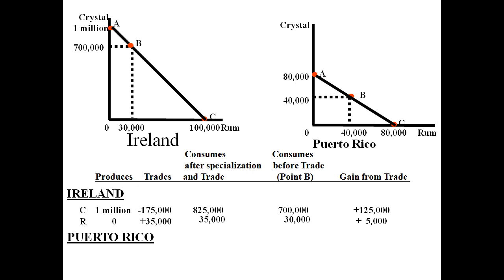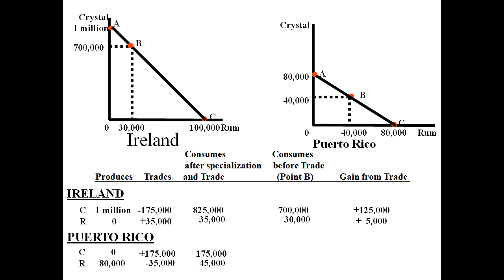Now, let's take a look at Puerto Rico. We'll start at 0 crystal and 80,000 rum. And we're going to trade away 35,000 rum, and we're going to get 175,000 crystal. So after specialization and trade, you're at 175,000 crystal and 45,000 rum.